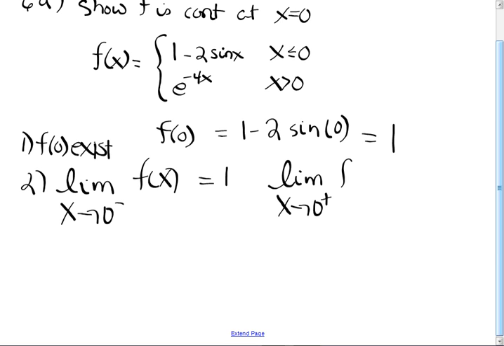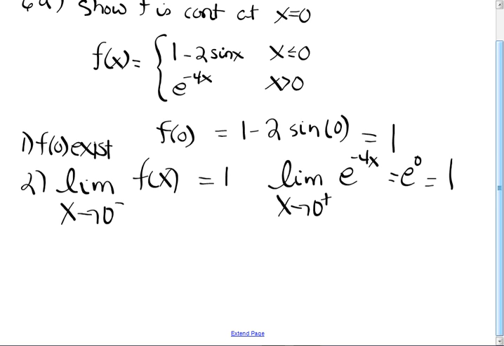And you can go and check online with the solution as to how many points. I think this is just 2 points. I want what function for the right? E to the negative 4x. Put in 0, and you get e to the 0, which is 1.